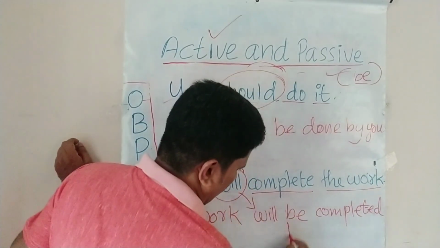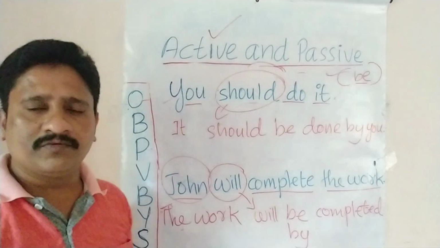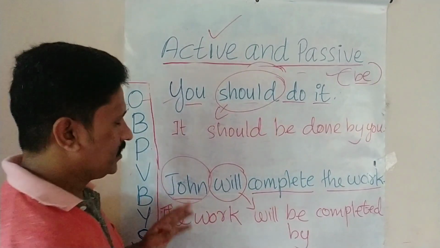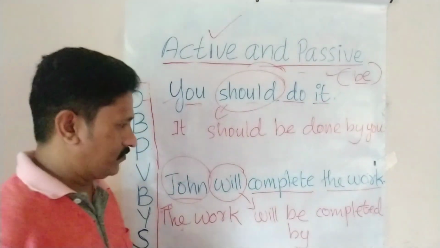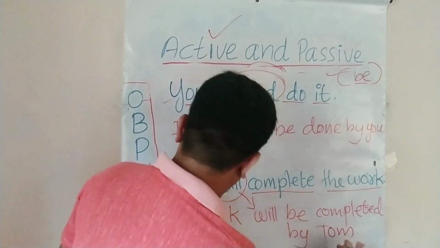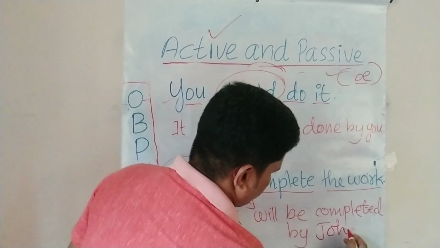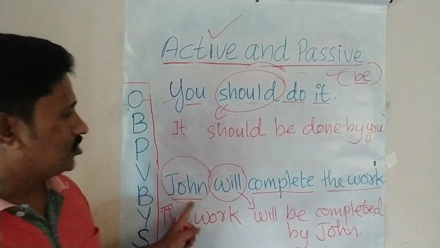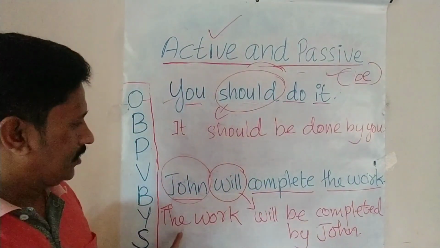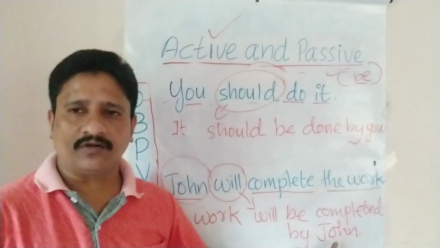In this case you can see a proper noun has been used, so there is going to be no change with such nouns. So by John. So John will complete the work. The work will be completed by John.